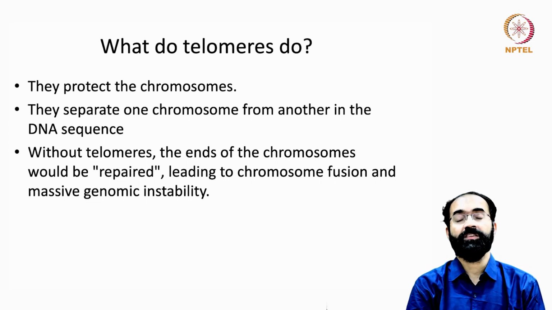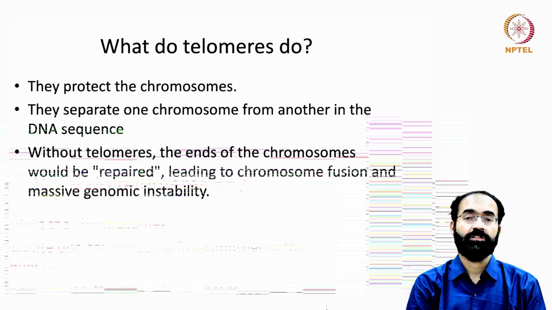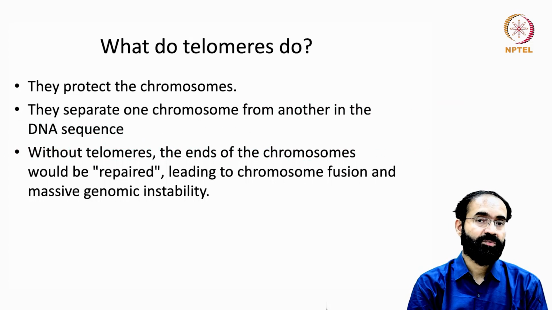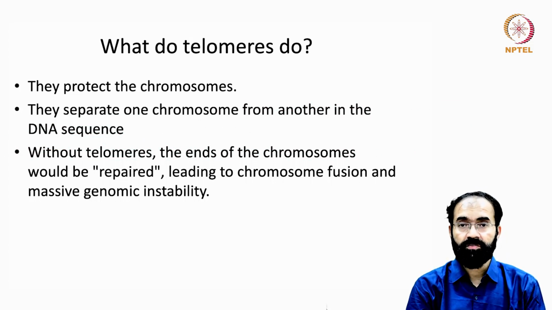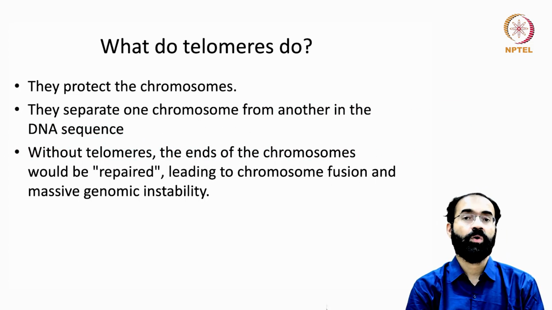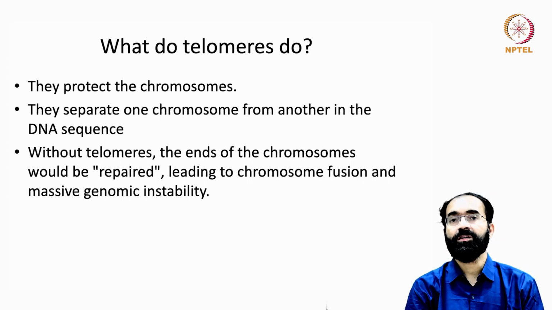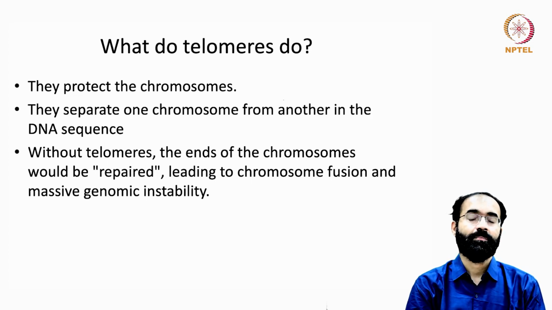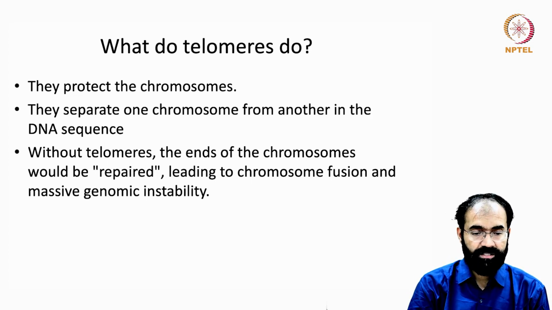You cannot think, oh, every chromosome is in one cell, so what's wrong if they are fused together? Of course, at first view, nothing is wrong, but the fusion can lead to loss of gene function sometimes, or hyperactivation of certain genes. So you don't want chromosomes to fuse for no reason. The fusion is prevented because of telomeres.